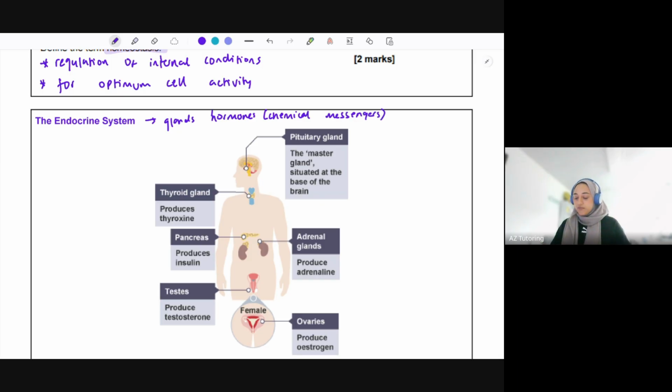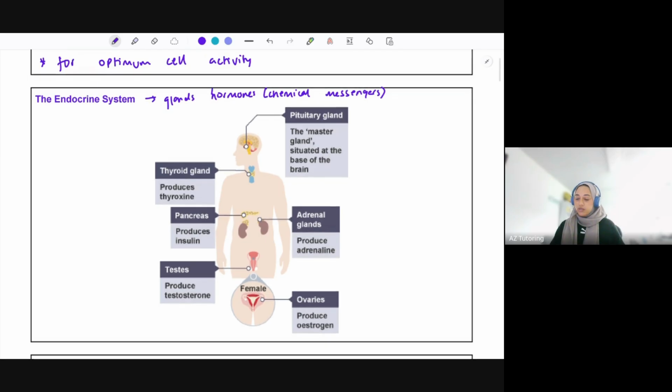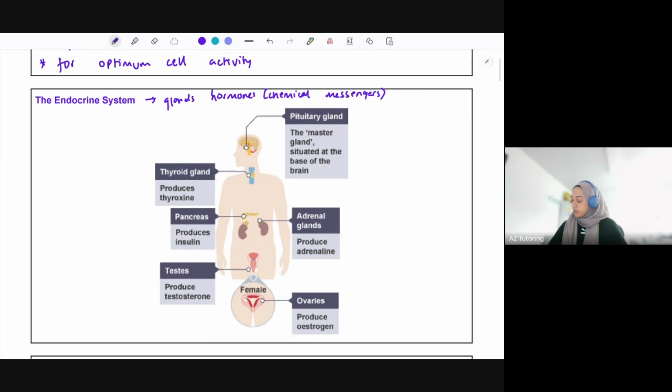So we'll compare both of them, but let's go through each quickly on what you need to know. For the endocrine system, you need to know where each gland is and what hormone it produces. Now, remember, the hormone doesn't actually carry out the job. The hormone is just a chemical messenger, telling your body to do something. As an example, let's look at the pancreas first.